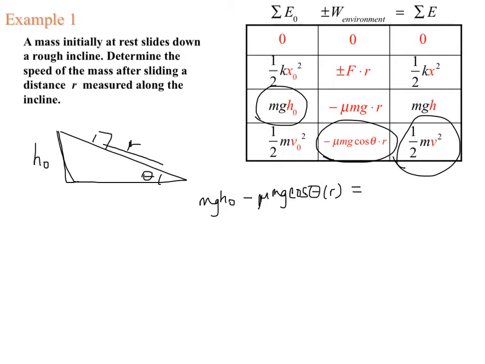And again, the energy we had at the beginning minus the energy removed from the system to the environment by friction, which is this piece right here, is equal to the mechanical energy we have left over, which in this case is kinetic.